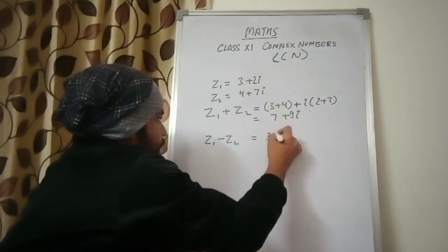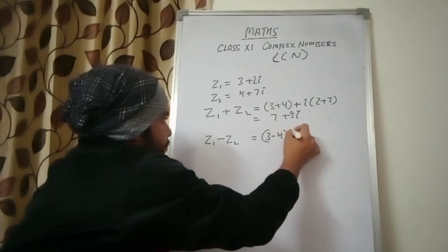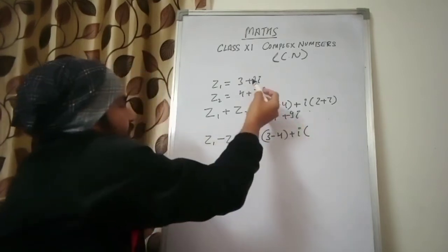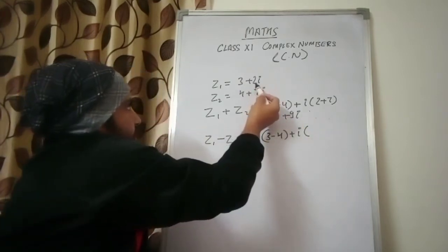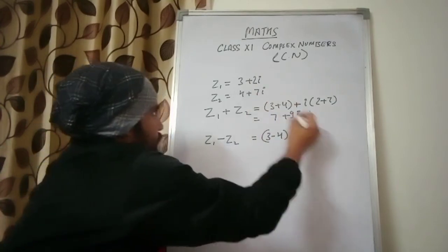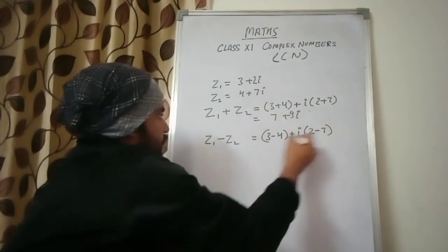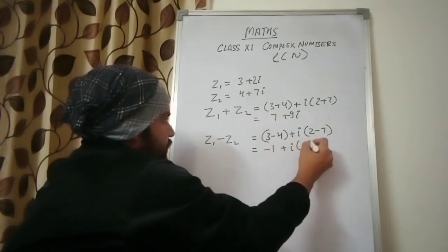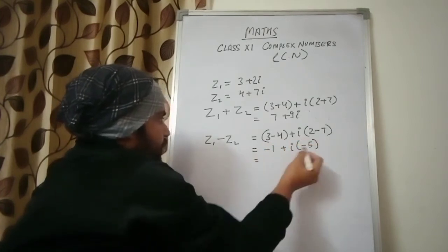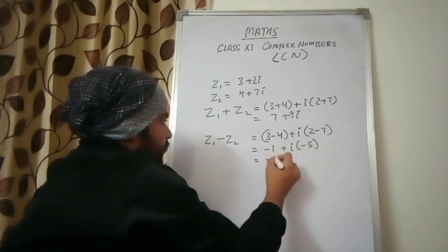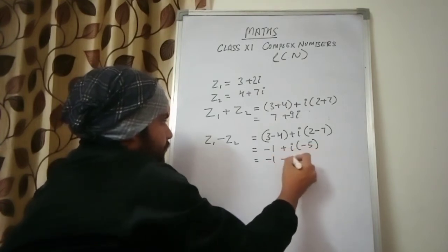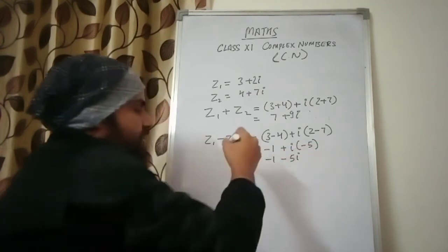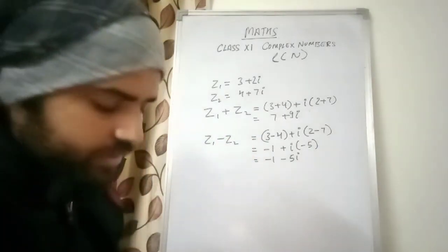So 3 minus 4, plus i times the imaginary part of z1, which is 2, minus 7. So it will be minus 1 plus i times minus 5. When you open this bracket, it will become minus 1 minus 5i. So this is the subtraction. This is the way to subtract.